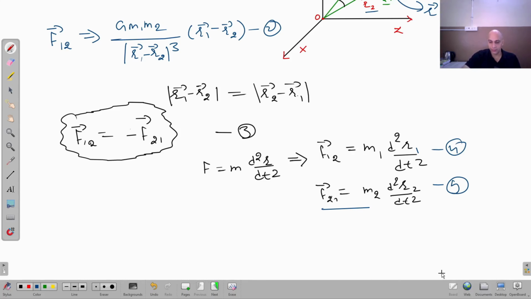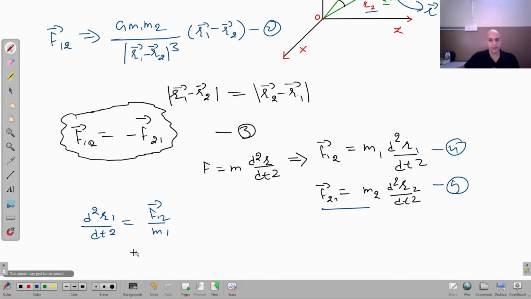Now from equations 4 and 5 I can modify them. So I can write d square r1 upon dt square is equal to vector F12 upon m1.